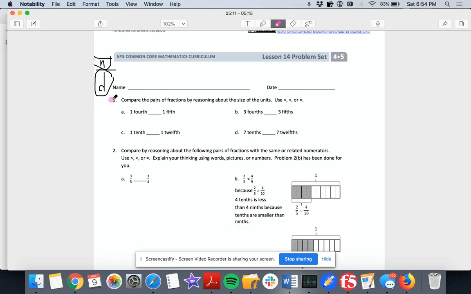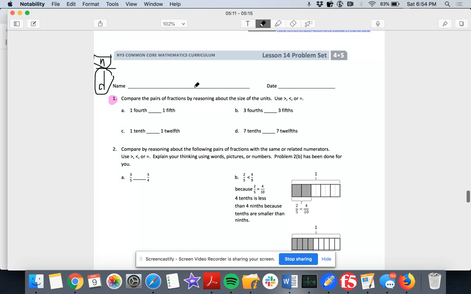So your first section asks, compare the pairs of fractions by reasoning about the size of the units. Okay, seems easy enough. I will actually do 1B with you right now. I have decided to use a tape diagram to help me through these problems.